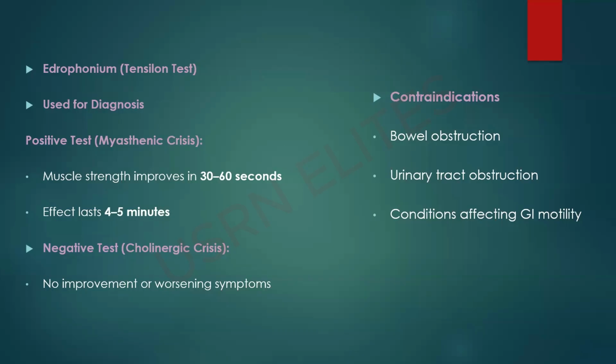I want to make a point here. Glycopyrrolate. Atropine too can be used. So let me ask you a question before I continue: can glycopyrrolate be used to control secretions, or let's say drooling, in myasthenia gravis?